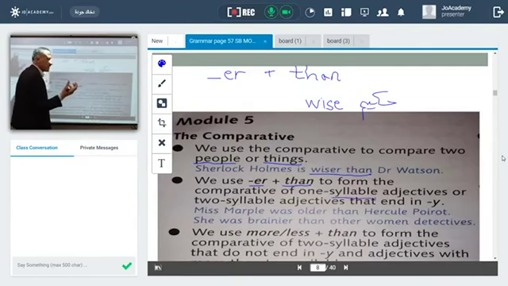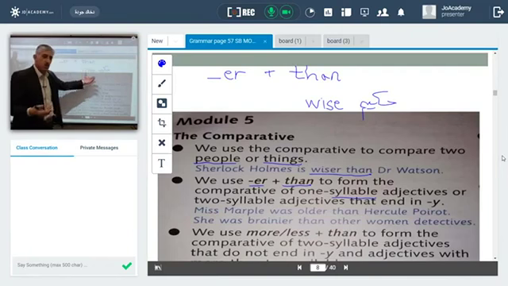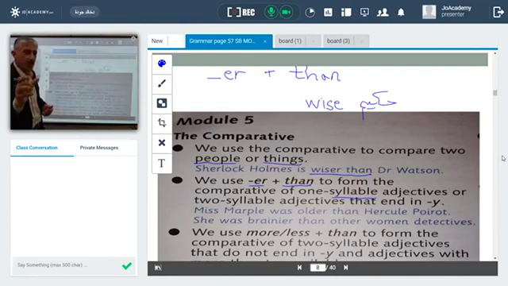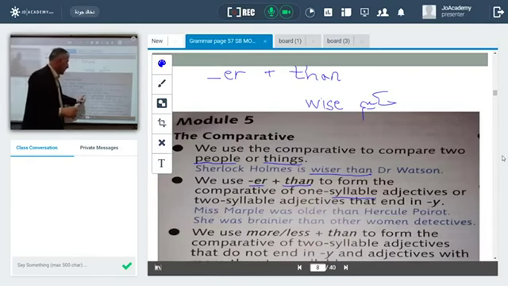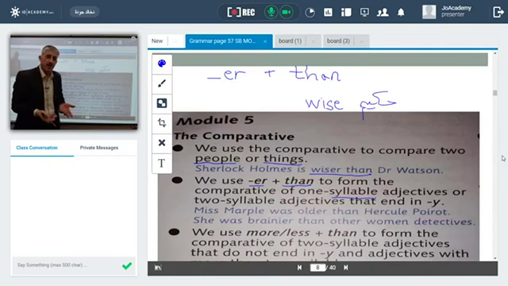Syllable means مقطع. I'm telling you in Arabic, like wise, small, tall, short. These are one syllable, مقطع واحد. So if it is one syllable adjectives or two syllable adjectives, even if it's two syllables, we can add ER to the end of the adjective.